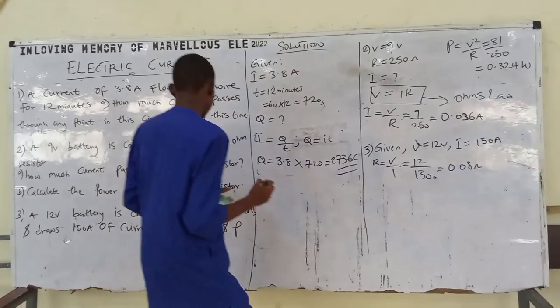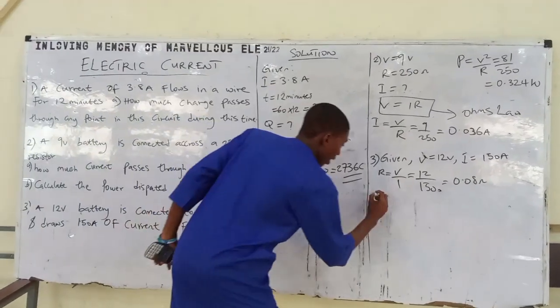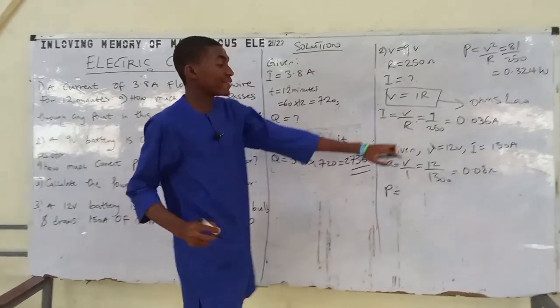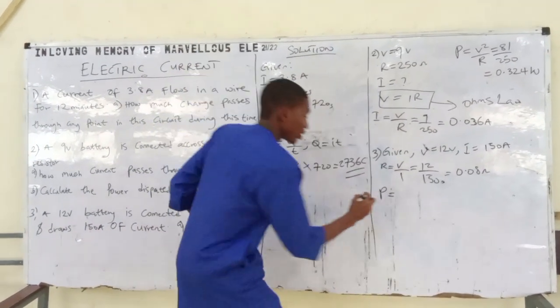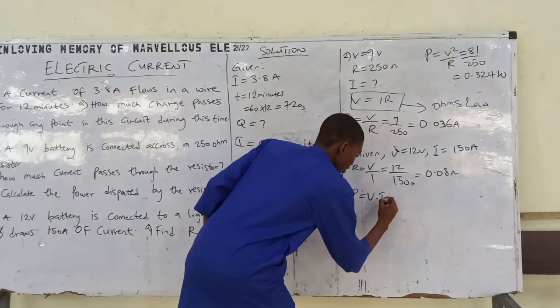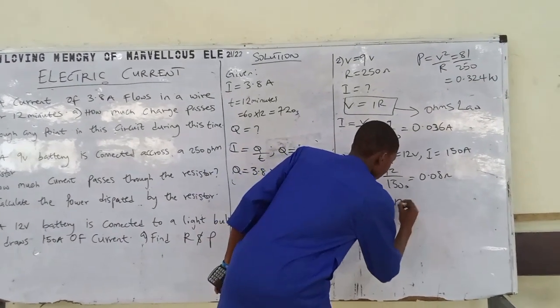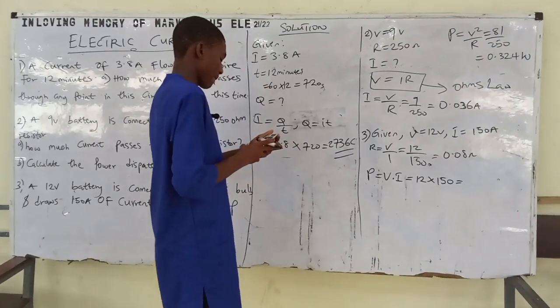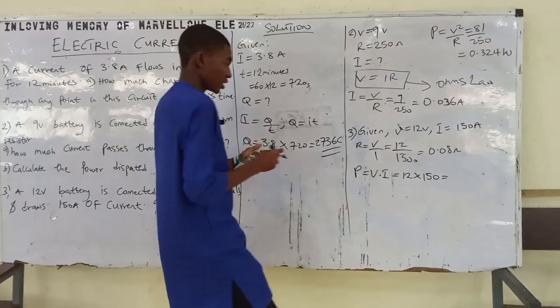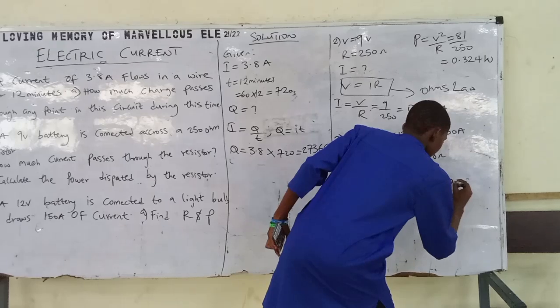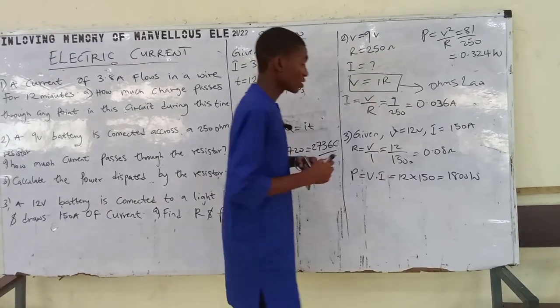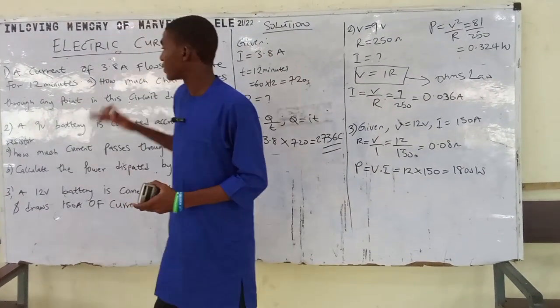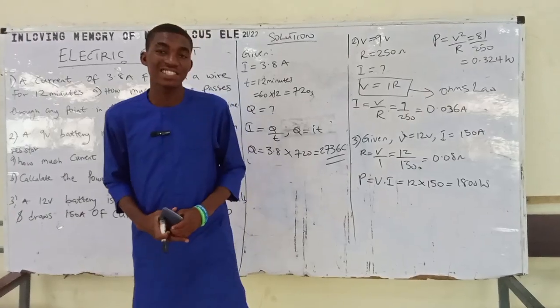And finally, we calculate our power. From the parameters given, we have V and I. So power equals V times I, which equals 12 times 150. So therefore, our power equals 1800 watts.